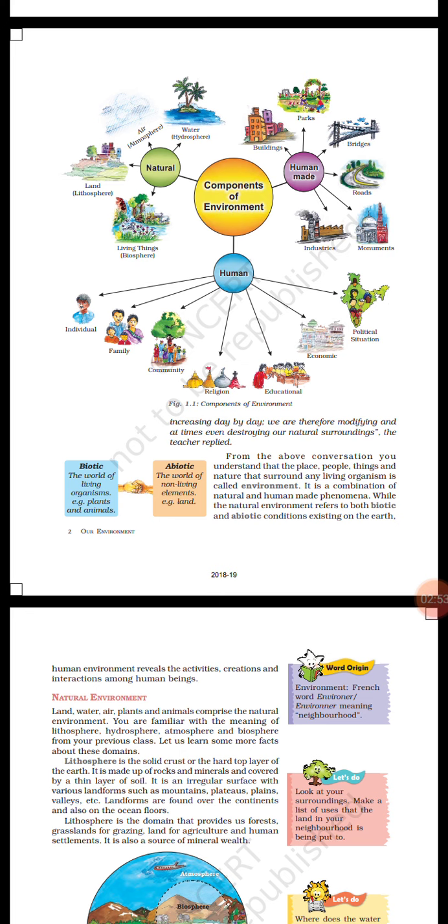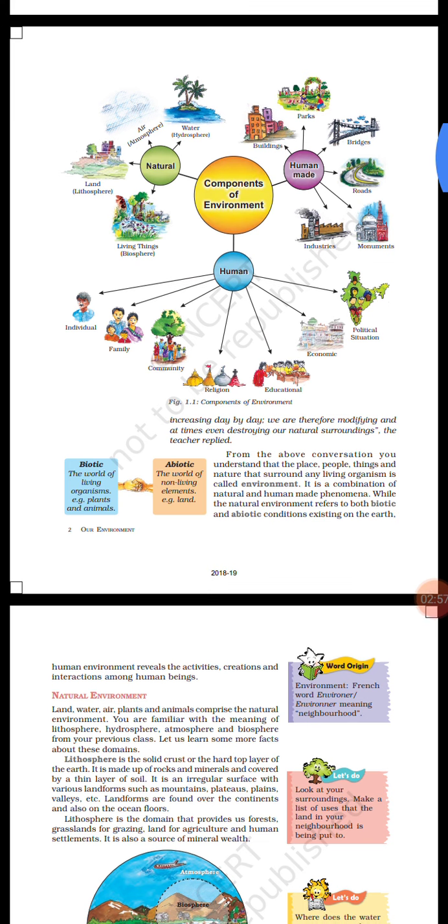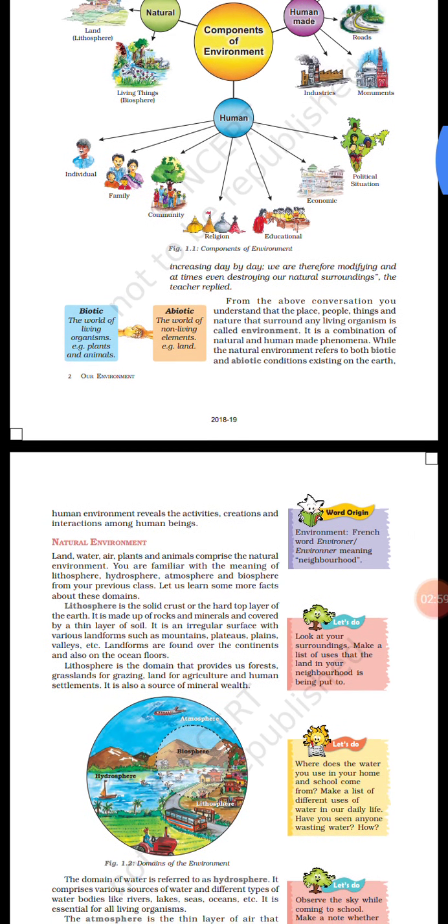The lithosphere is the solid crust or the outermost layer of the earth where we live. It contains landforms like mountains, plateaus, plains, valleys, etc. The hydrosphere is the domain of water.